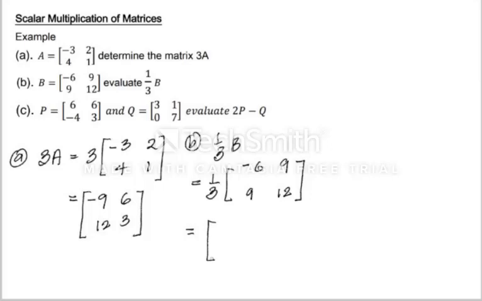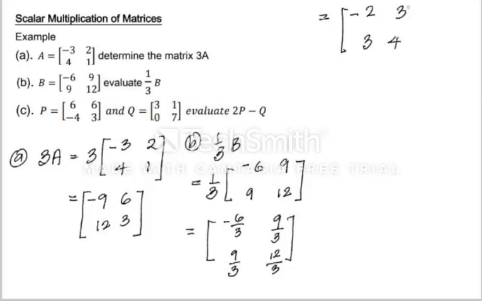So this is literally minus 6 divided by 3, 9 divided by 3, 9 divided by 3, 12 divided by 3. All right. So this would be equal to minus 2, 3, 3, 4.